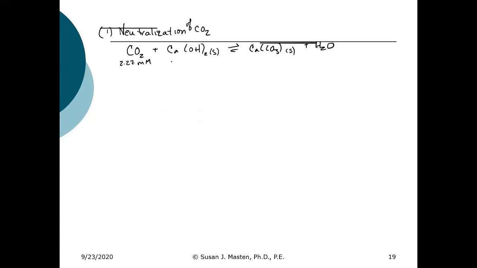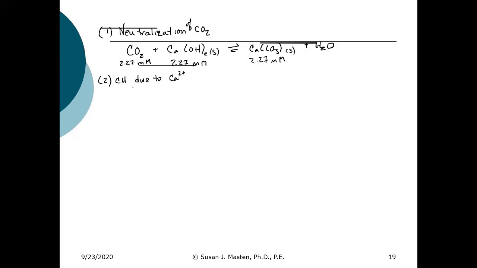Exactly, 2.27 millimoles. How many millimoles per liter of calcium carbonate do we form? 2.27.